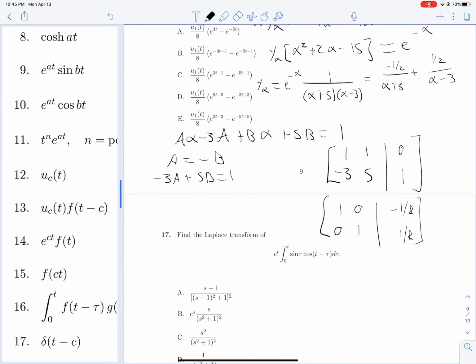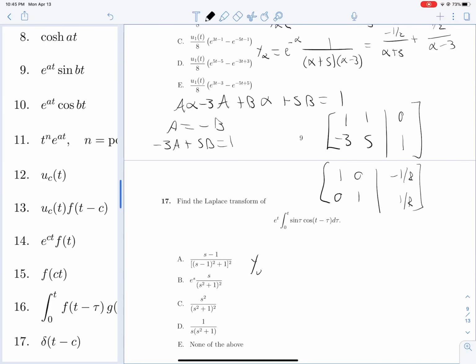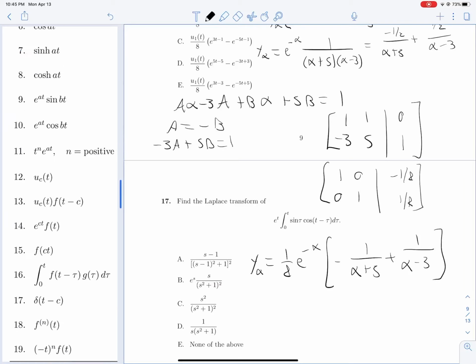So we get a equals 1/8 and b equals negative 1/8. Now that we have our values for a and b, we can rewrite our y of alpha as 1/8 e to the negative alpha multiplied by negative 1 over alpha plus 5 plus 1 over alpha minus 3. At this point, we are ready to solve.